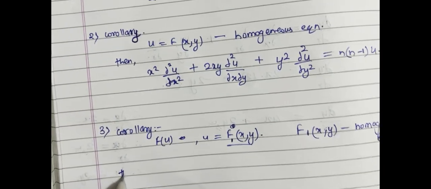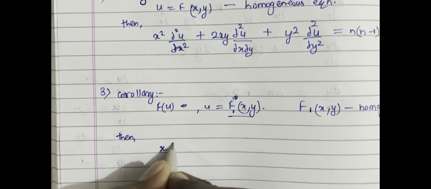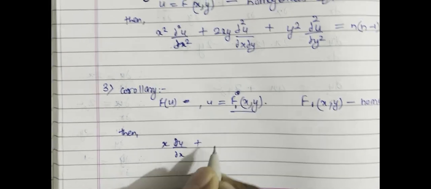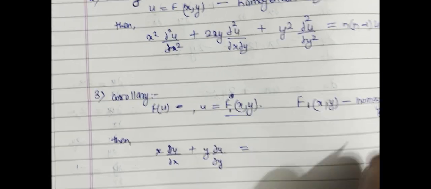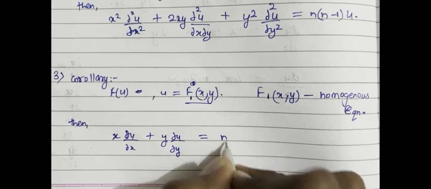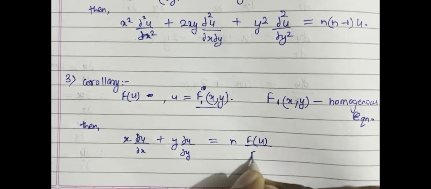Then x ∂u/∂x plus y ∂u/∂y is equal to n into f of u by f dash of u.